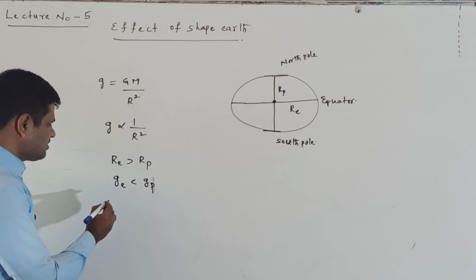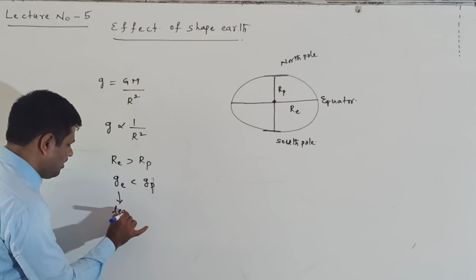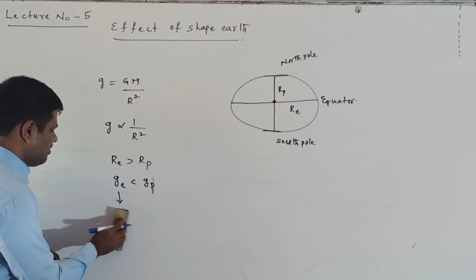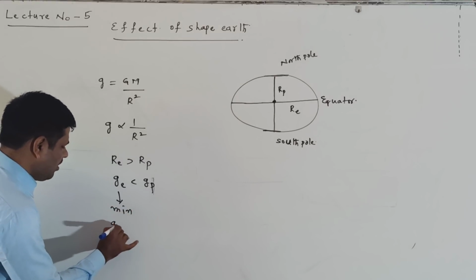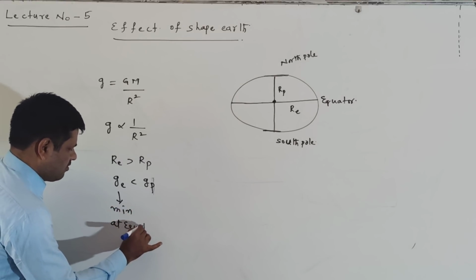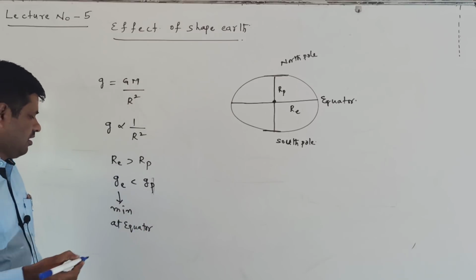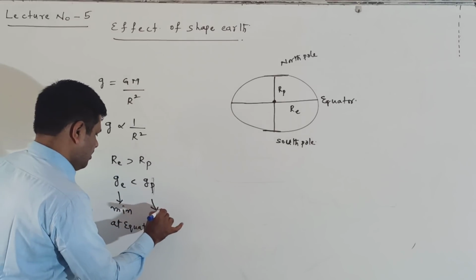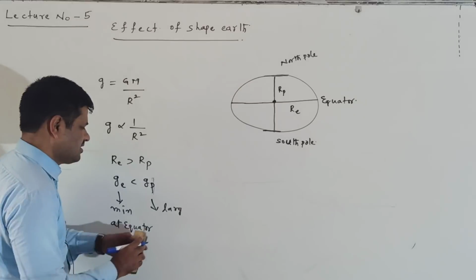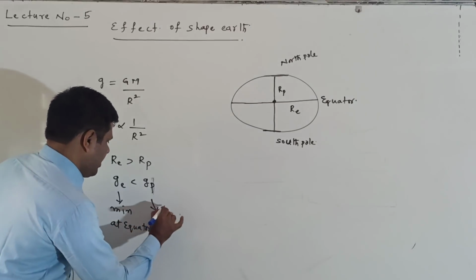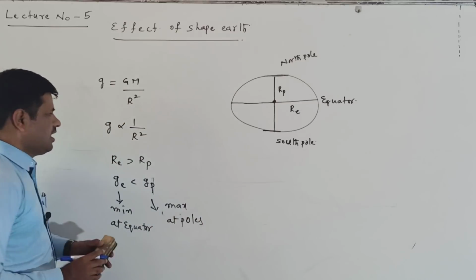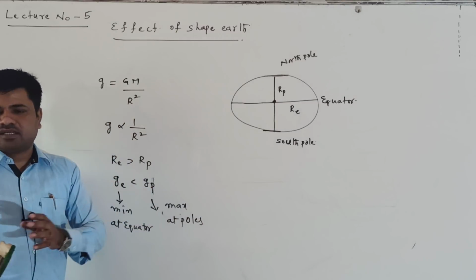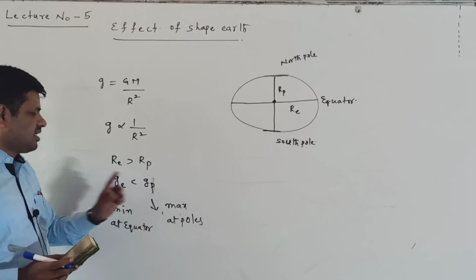GE less than GP means the acceleration due to gravity is small, or minimum, at the equator, and large, or maximum, at the poles. Here RE is larger than RP.